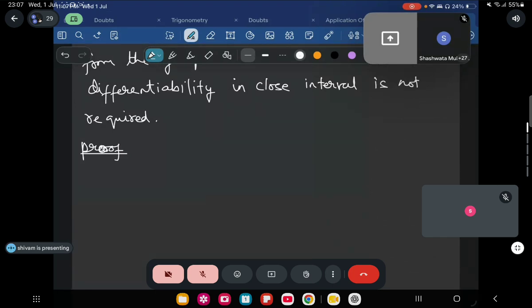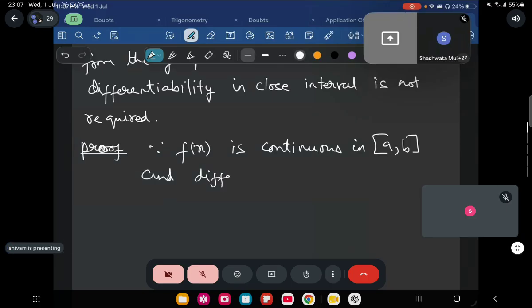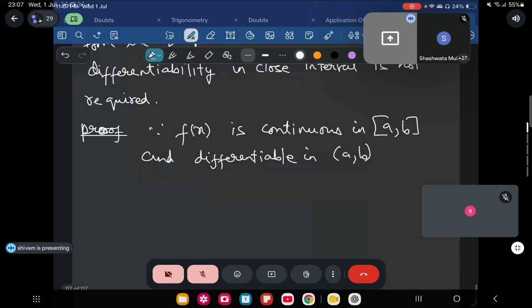Okay, everyone. Since f of x is continuous in closed [a, b] and differentiable in open (a, b), two cases can arise.